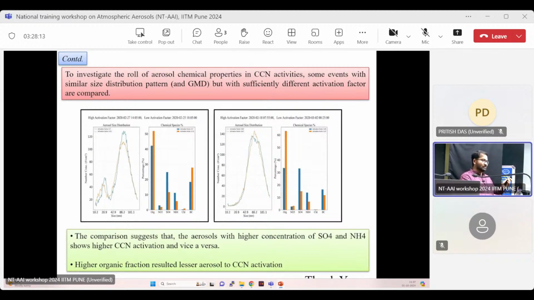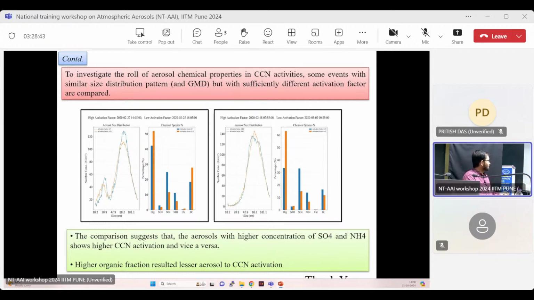The whole talk was based on whether size, chemical composition, or hygroscopicity is influencing aerosol to CCN activation. So here we tried to fix the size, by checking data points where size distributions are similar. For this case and this case, size distributions are almost similar and the GMDs are also similar. The GMD is a measure of your size distribution.